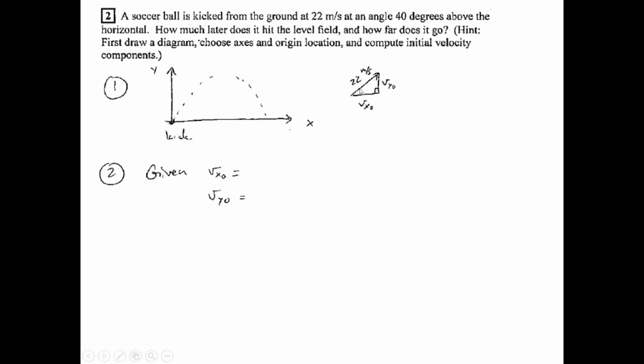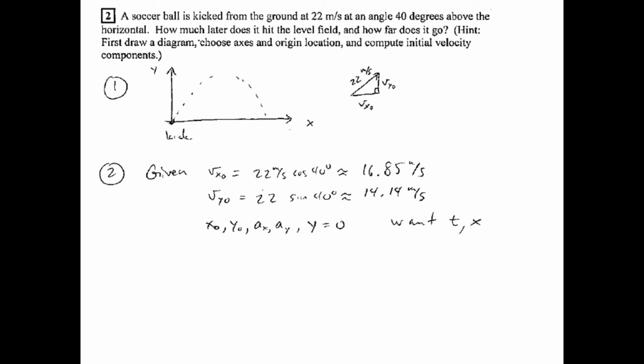And similarly, to get from here to this side, I'm going to have to pivot across the angle that's given right there, and that would involve a sine. And so we can calculate both initial x and y velocity components. They're 16.85 meters per second for x, 14.14 for y. And now I can use those to help solve kinematics.